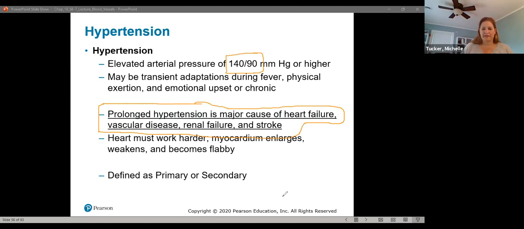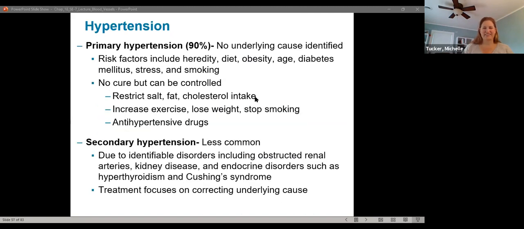It can be defined as primary or secondary. And I don't like these terms, but I'll go with them because that's what people use. So 90% says no underlying cause identified, which I find like the most hilarious statement ever, because we do know the cause. Well, there's heredity, but there's diet. High salt intake is going to increase your extracellular fluid, and it's going to cause hypertension.